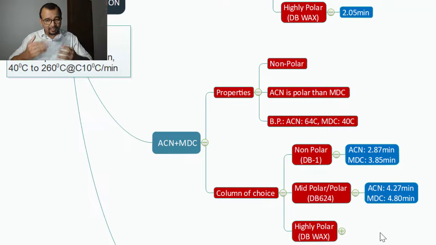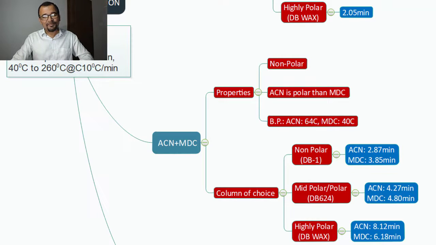What to expect for the retention of ACN and MDC on the highly polar stationary phase like DB-wax? And you are right, they are now going to increase the retention time further. ACN got 8.16 and MDC got 6.18. Now here is another important point that you must have observed.